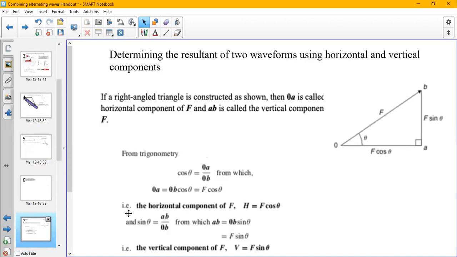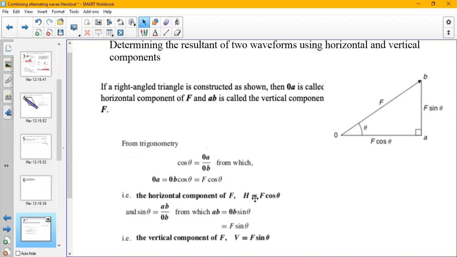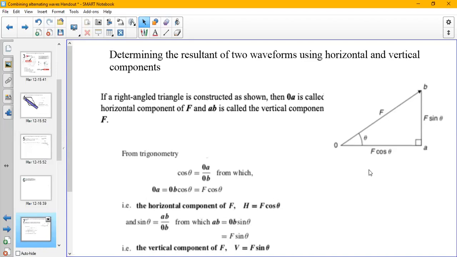So, horizontal and vertical components. And you've already seen this a little bit anyway. If we have a right angle triangle situation, then we can resolve that phasor F along this line here into a horizontal component equal to F times the cosine of the angle in here, and a vertical component F sine the angle.